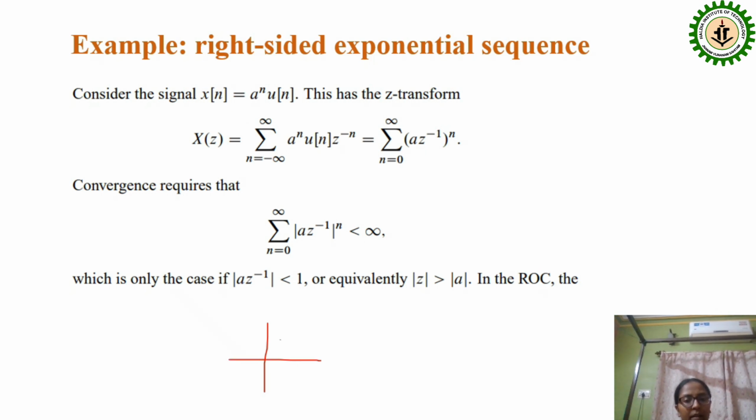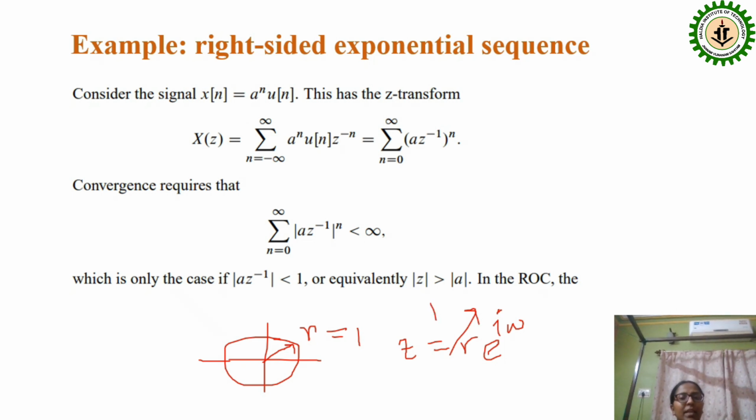That means if this is the unity circle, with r equals 1, because I told you in the previous lecture that z equals r into e to the power j omega, this is the value of r. If r equals 1, the circle becomes the unity circle.